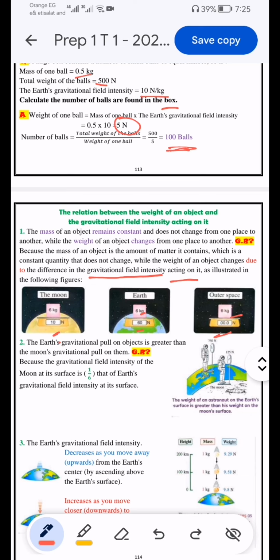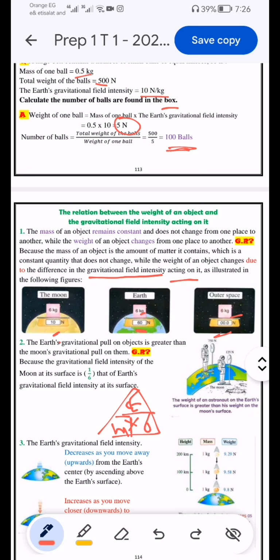So to calculate the weight on moon, we will make what? Firstly, weight on earth equal what? Equal moon by 6. We said 6 times moon. Look at this. 10 by 6 equals 60, okay?